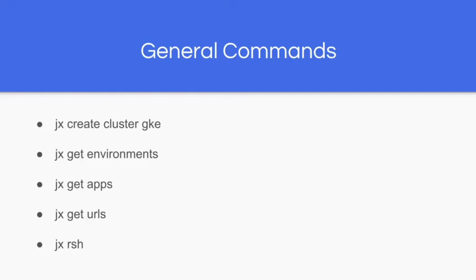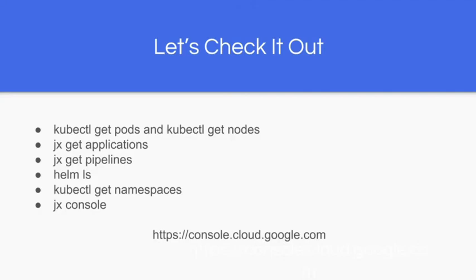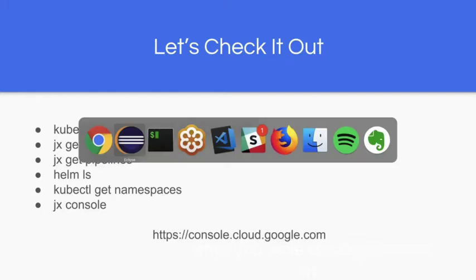So without further ado, we will pretend that we ran our JX create cluster commands. The other thing I wanted to mention is that this is built on Kubernetes, so you still have kubectl commands, you still have Helm commands and all the normal stuff that you would have.